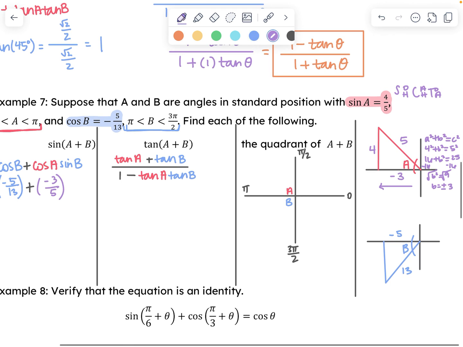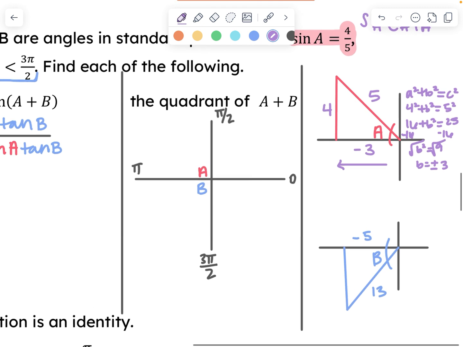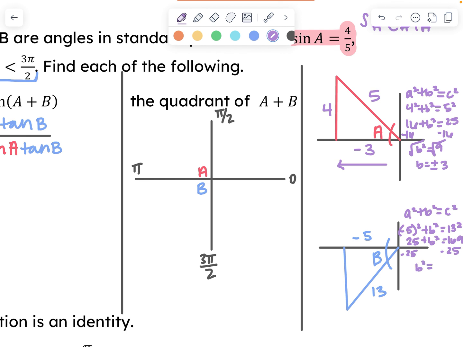And I'm going to use my Pythagorean theorem again to help me. So a squared plus b squared equals c squared. Negative 5 squared plus b squared equals 13 squared. 25 plus b squared equals 169. Subtract the 25. So b squared equals 144.